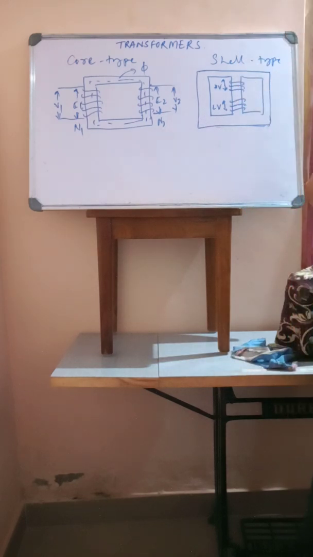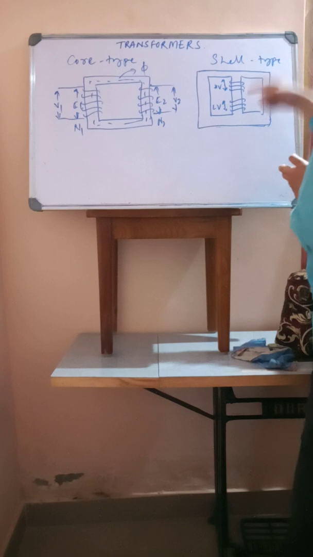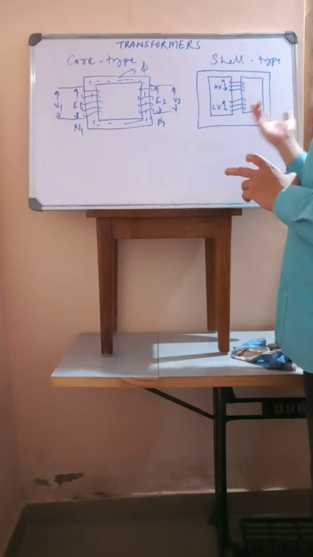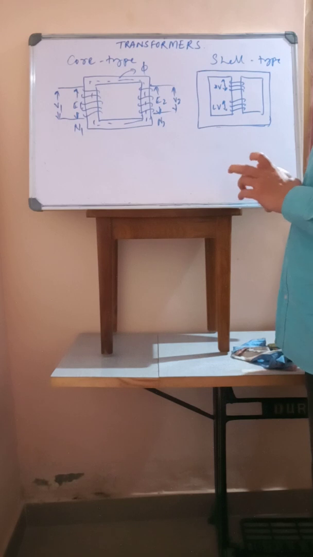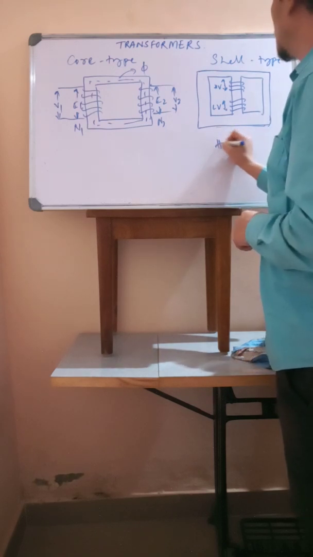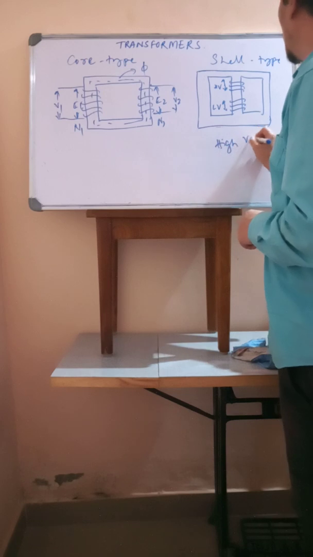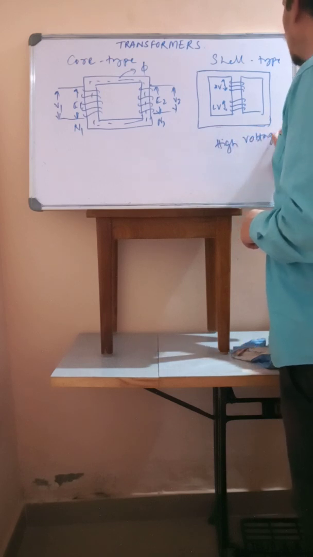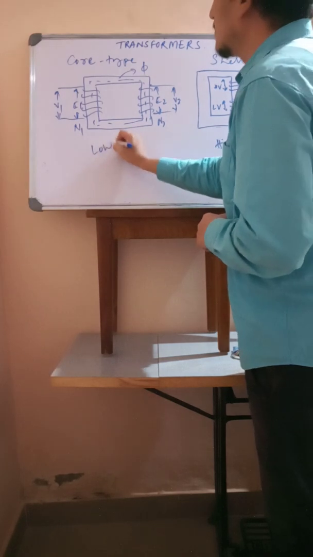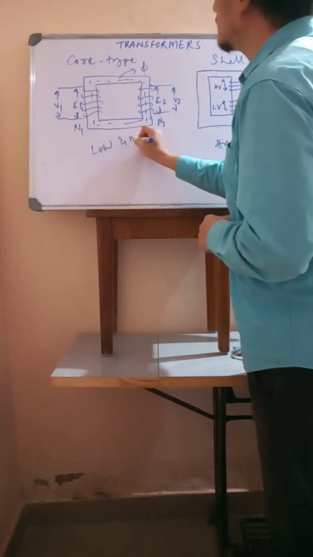Here a considerable portion of the windings is surrounded by the core. So this is the shell type transformer. This shell type transformer is used for high voltage transformers. This core type is used for low and medium voltage transformers.